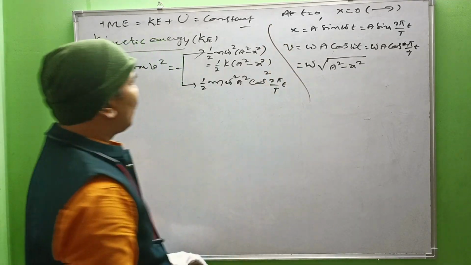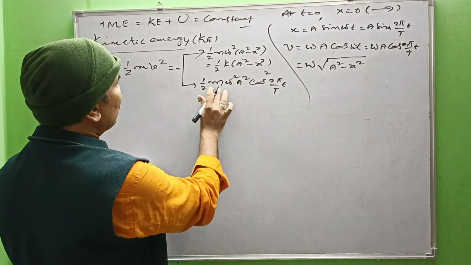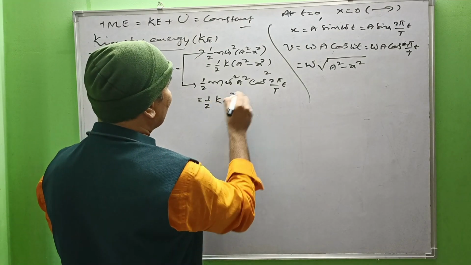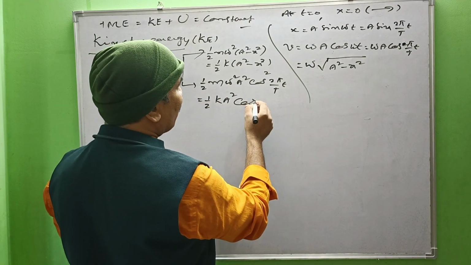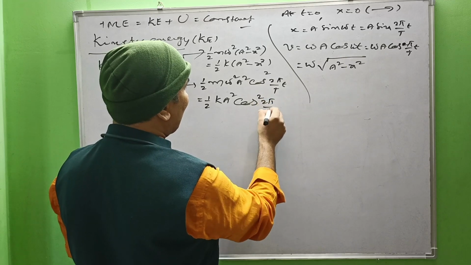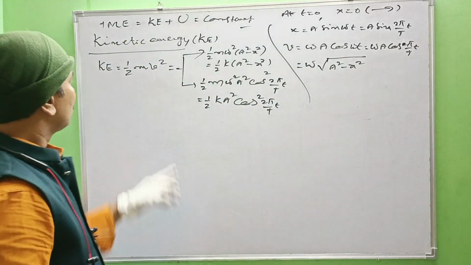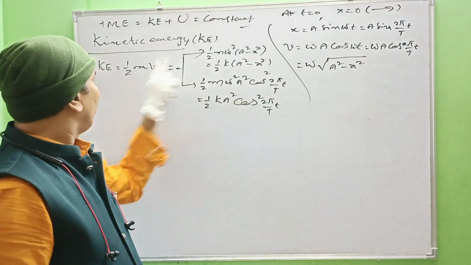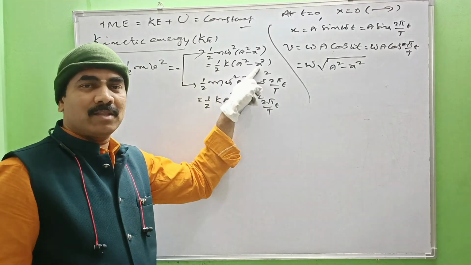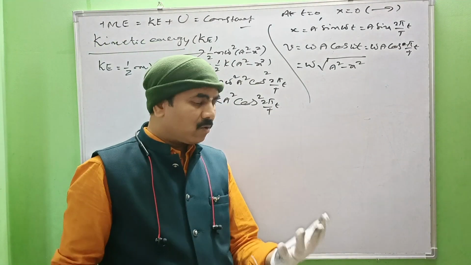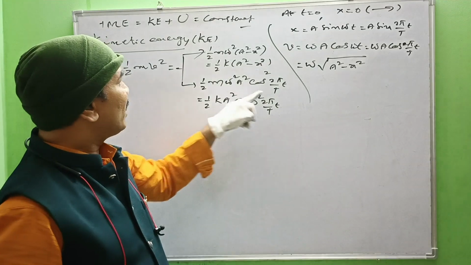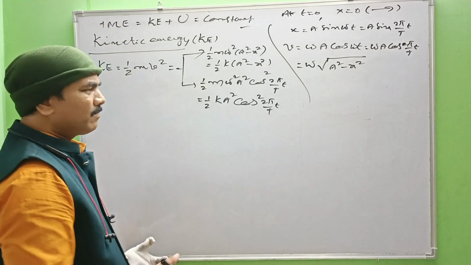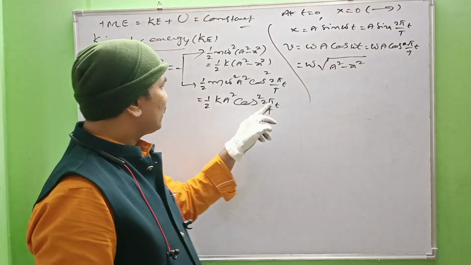Again, that is equal to half k a square cos square 2 pi by T into t. This is in terms of time, the variation of kinetic energy with time. The other is the variation of the same kinetic energy with position. That's how we can have two expressions for kinetic energy, one in terms of time, another in terms of position. Now let us see how kinetic energy varies with time.